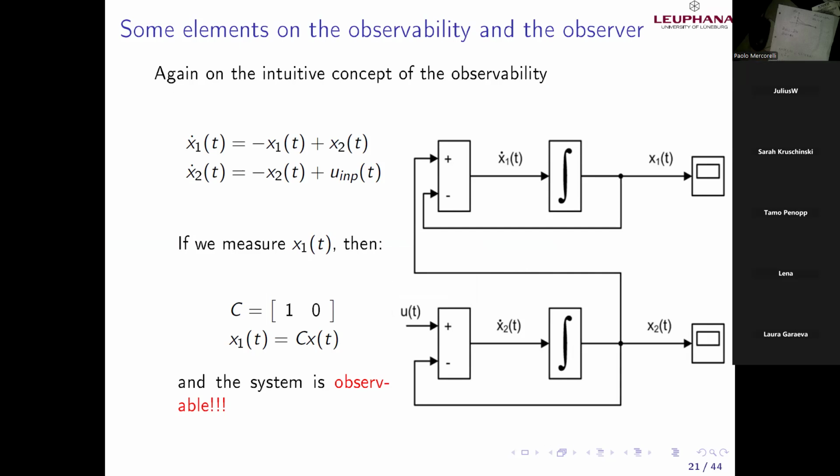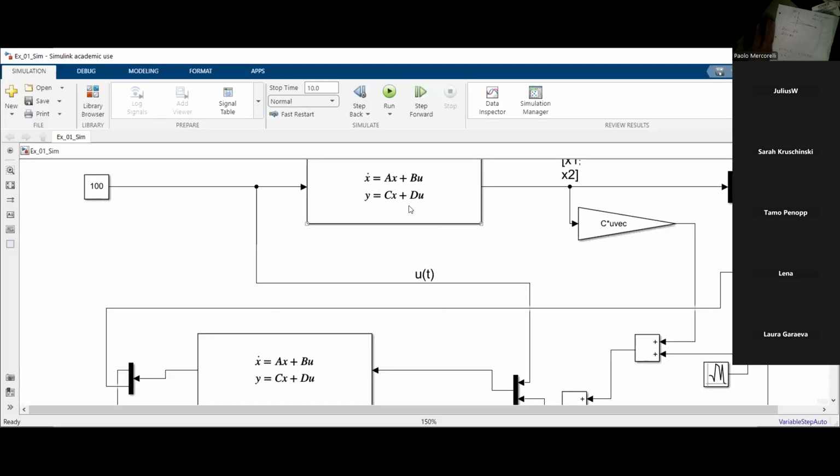Nevertheless, this kind of representation is almost necessary if the system is nonlinear. About the nonlinearity, I will tell you in the next weeks. At this moment, we are in the case of linear systems. Therefore, the structure of the matrices A, B, C, D is more suitable because it is more compact. But this form here, we have already seen.